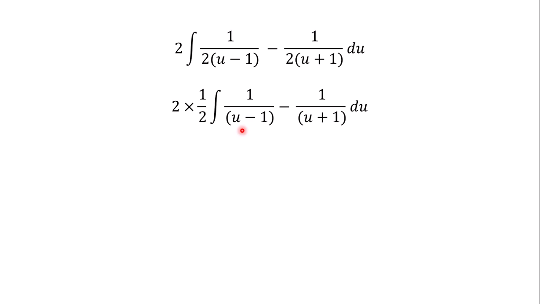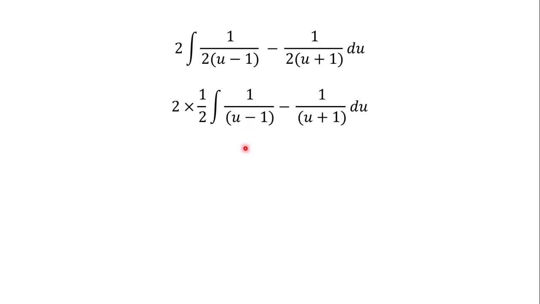The idea is that when it's u minus 1 and you integrate it, it behaves the same way as integrating 1 over x. So the answer to this one is going to give us what?